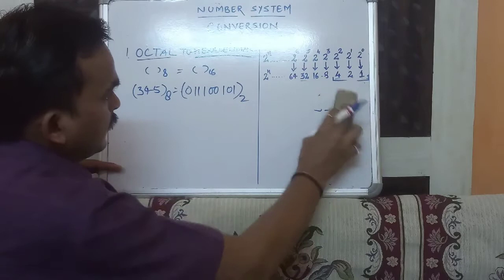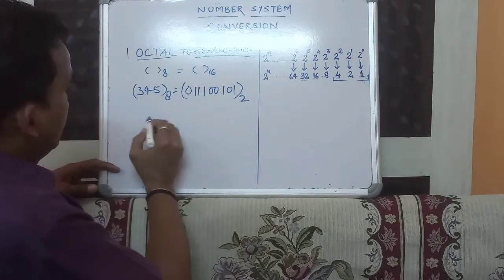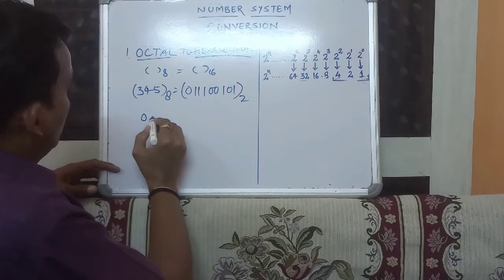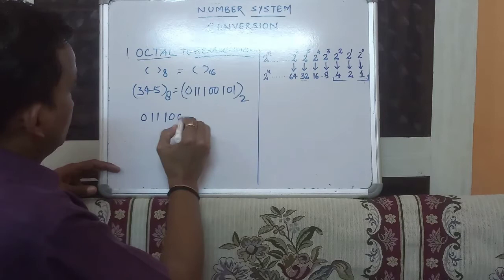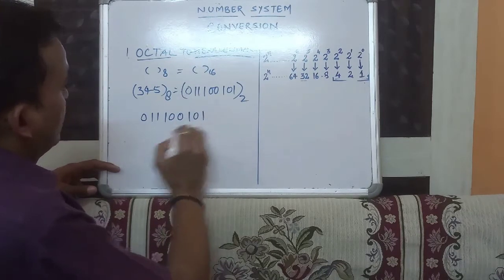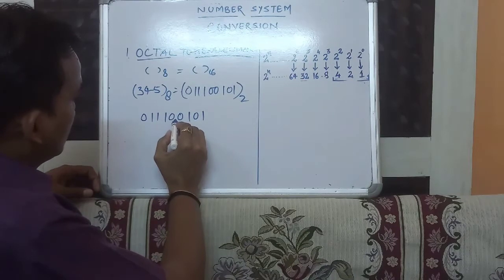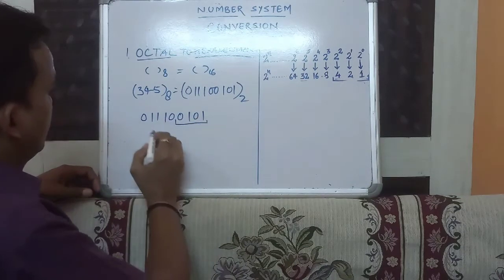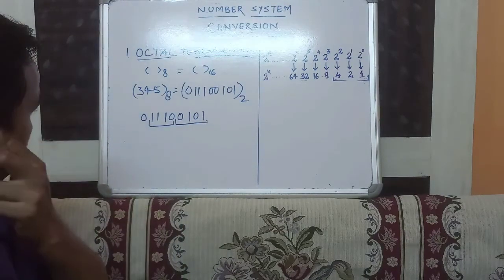For that we use this binary number and we will calculate likewise 0 1 1 1 0 0 1 0 1. This is our binary value. We will make the possible combinations of 4 binary bits. This is one and this is another, right?